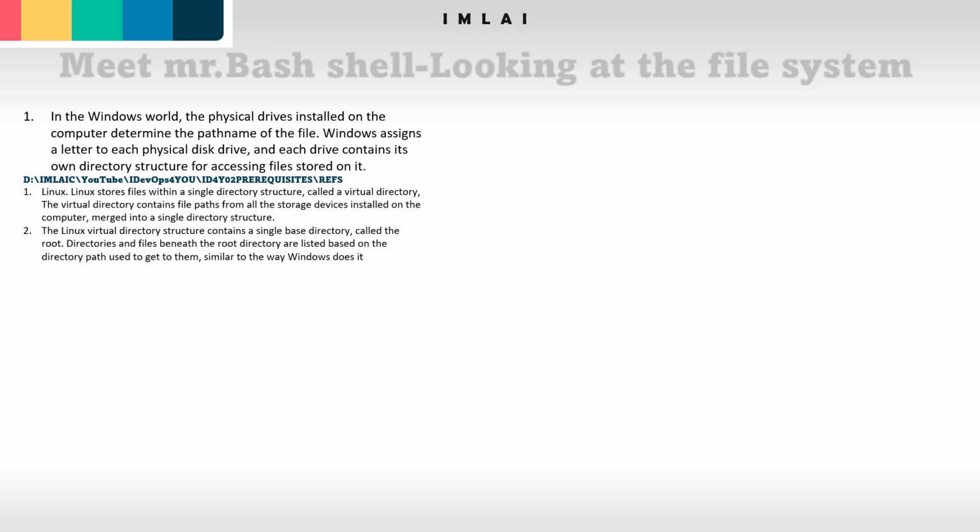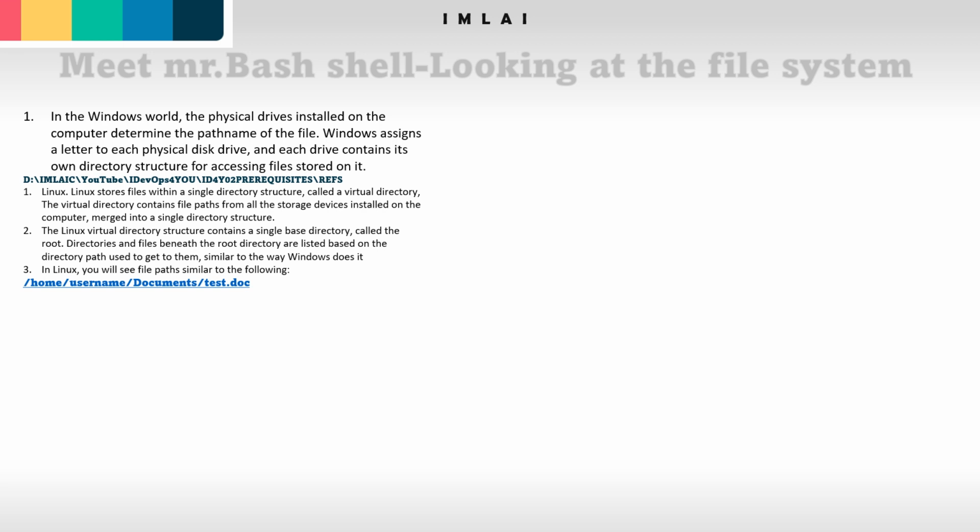So similar to the way Windows does it. This indicates that the file test.doc, as an example with the doc extension, is in the directory Documents under the directory rich, which is contained in the directory home. Notice that the path does not provide any information as to which physical disk the file is stored on.